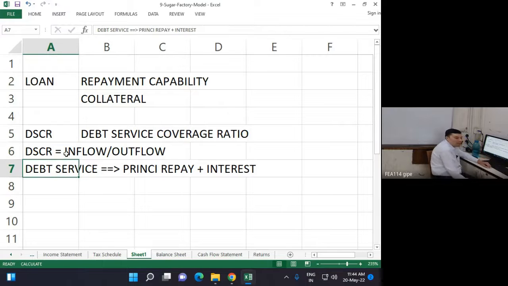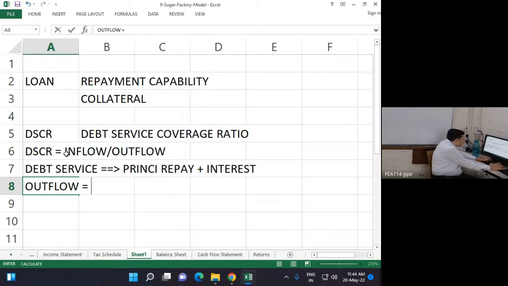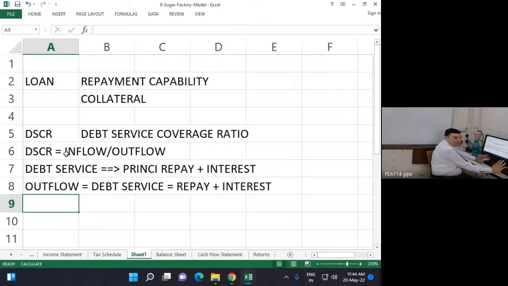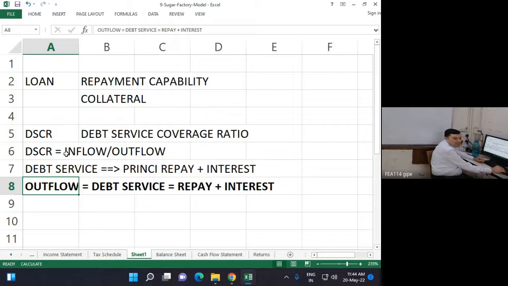Inflow, आपके पास कितना पैसा है to service the debt, and outflow is the debt service itself. So outflow will be equal to debt service, which means it will be repayment plus interest. Fine. So denominator is clear कि पैसा कितना बैंक को हमें देना है. Now the numerator, कितना हमारे पास है.